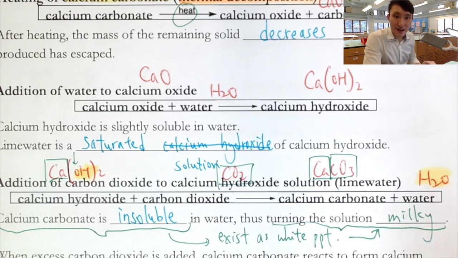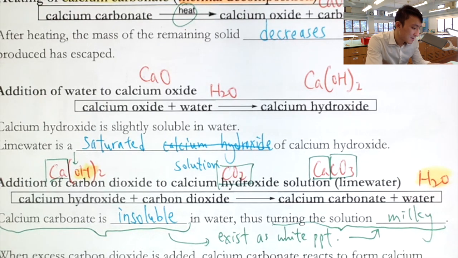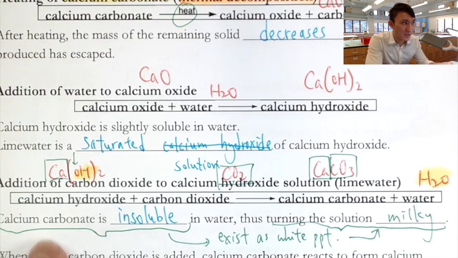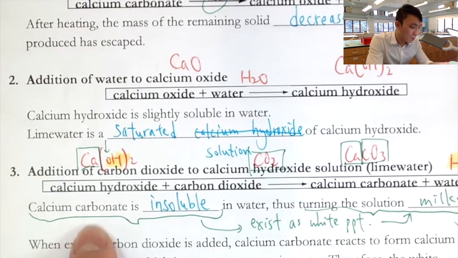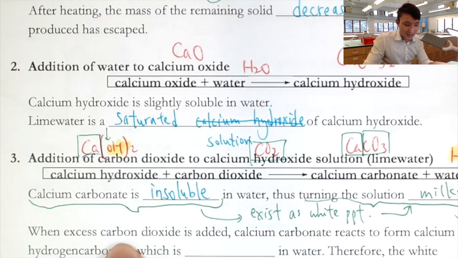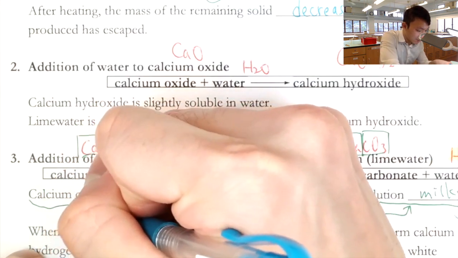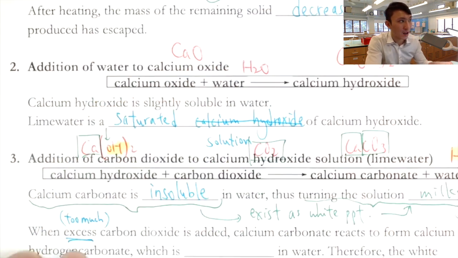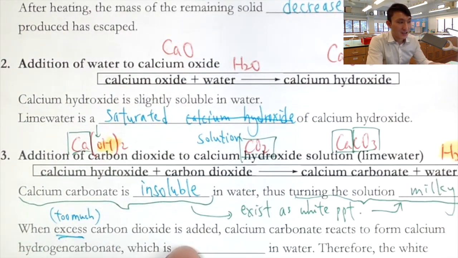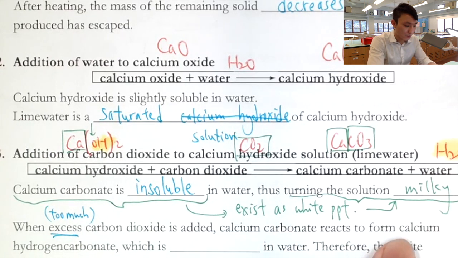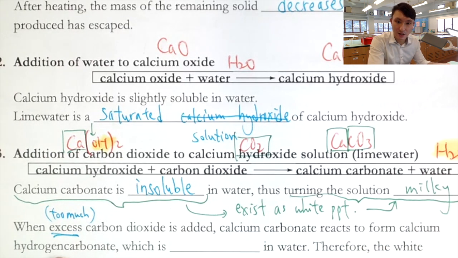Now, the story doesn't end here. We still have a special episode as a sidetrack. In fact, once we have the calcium carbonate formed, if we are able to provide excess carbon dioxide, that means too much or a lot, then the calcium carbonate can undergo further reaction to form calcium hydrogen carbonate.